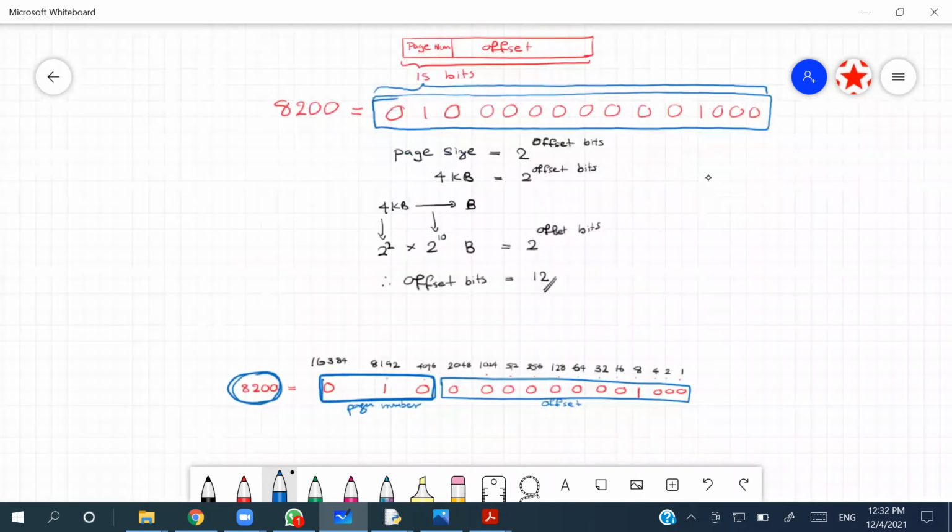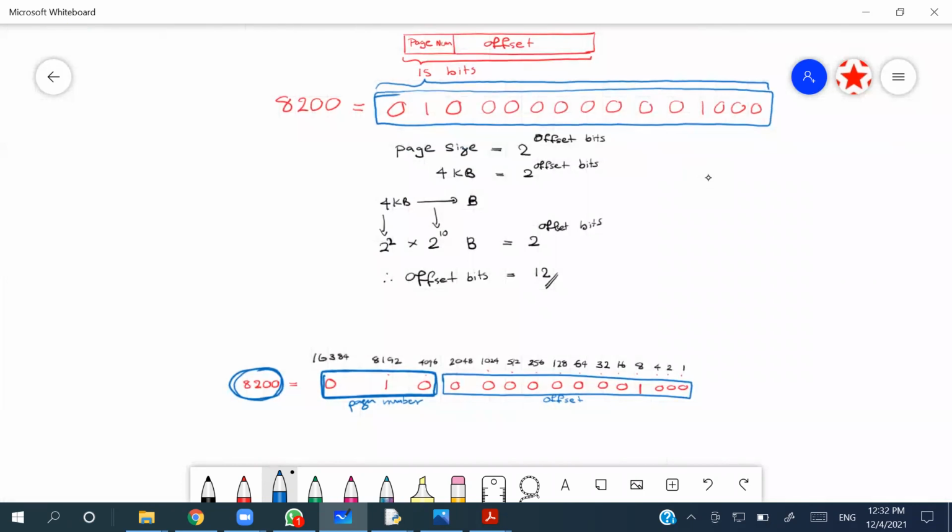People, I'm moving the screen a little bit upward. If you miss anything, just let me know. I will show it to you.